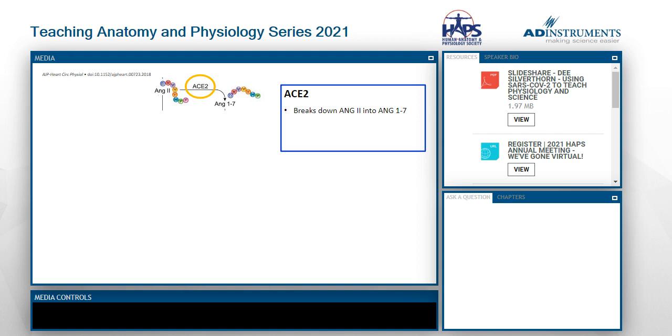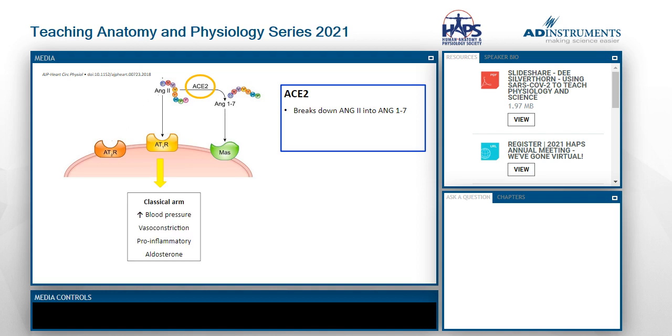So here's our angiotensin 2, and it is ACE2, the enzyme that we're interested in for COVID, that converts angiotensin 2 to angiotensin 1-7. The normal activity of angiotensin 2 for its blood pressure raising effect is on a receptor known as the AT1 receptor, and this is often called the classical arm.